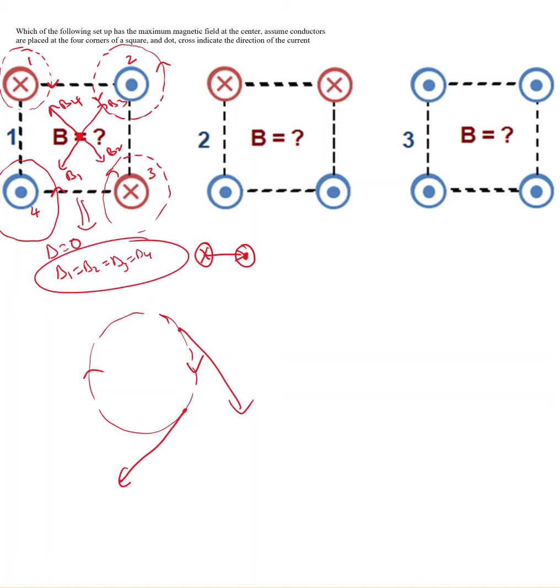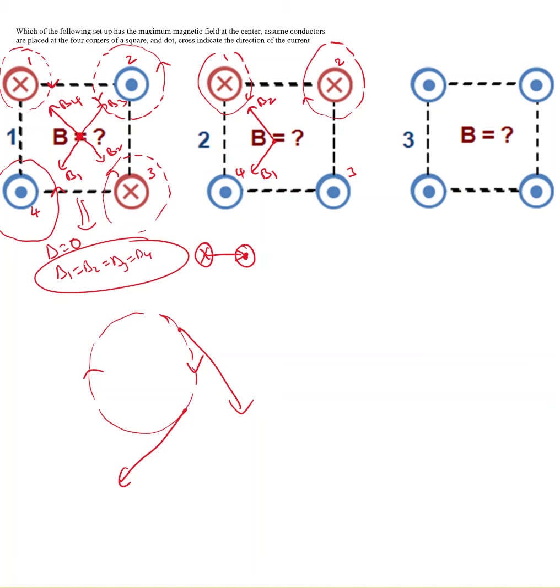Now coming to the second case. Here is my magnetic field direction. I'm still taking conductors 1, 2, 3 and 4. Because of conductor 1, that's my B1, and conductor 2 is also a cross, so can I say my B2 is in this direction?